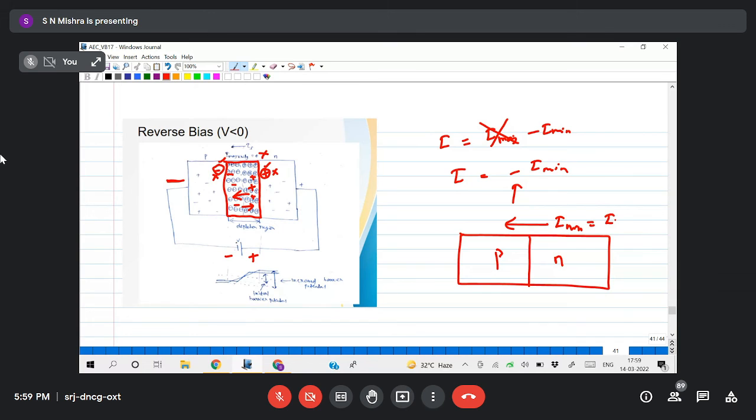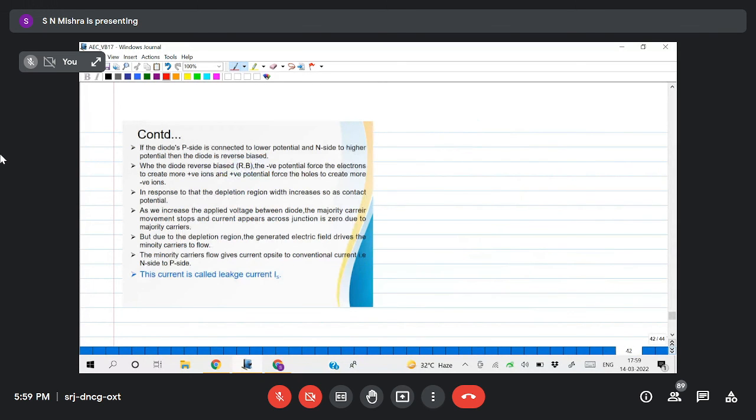This is also represented by I_S, and it is also called leakage current. Everything is written here. This I_S is called leakage current.